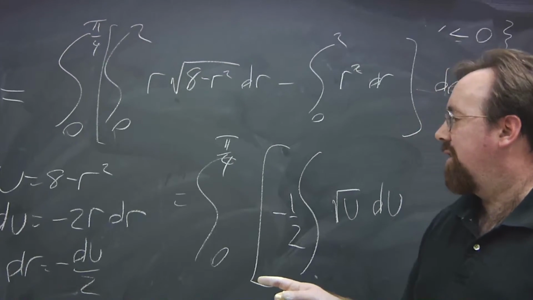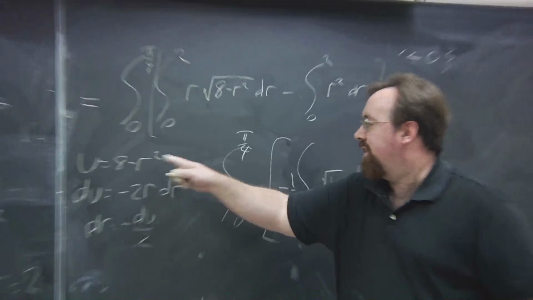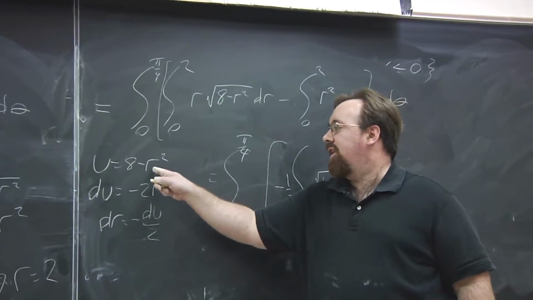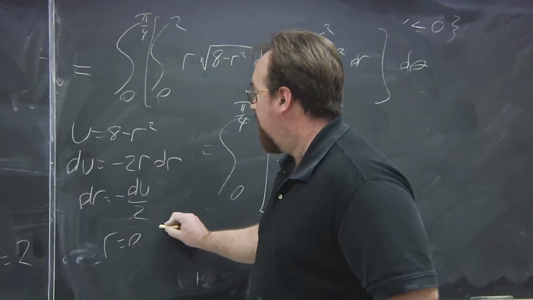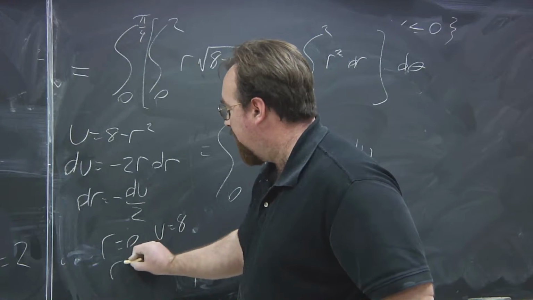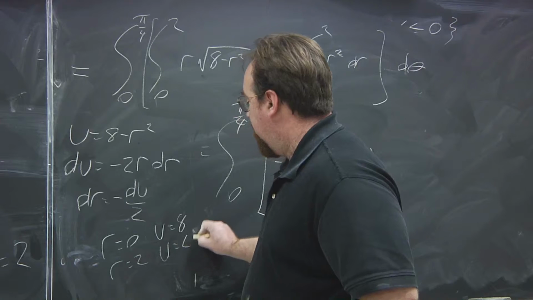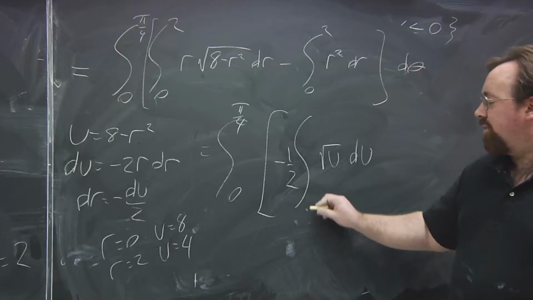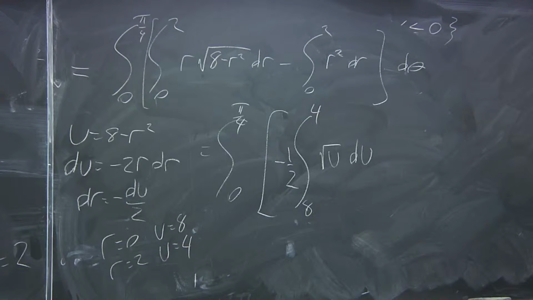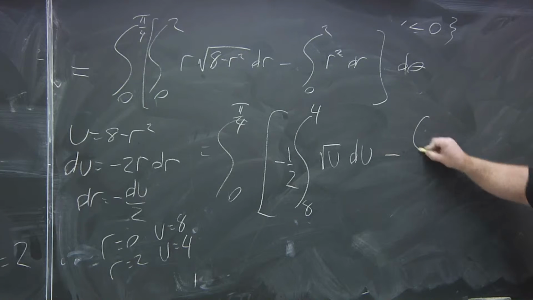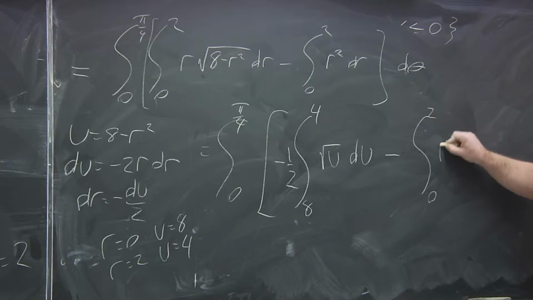We don't have to compute the limits in terms of u, but if we did, the lower limit is when you plug in r equals 0. So when r is 0, u is equal to 8. When r is 2, u is equal to 4. So we actually have the integral from 8 to 4 of square root of u du minus, and we're not doing anything with this one yet.